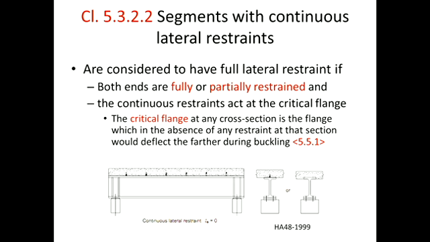In terms of buckling failure occurring, we are expecting buckling to occur in the top flange under compression, but the bottom flange, which is under tension, is continuously stretched and doesn't buckle. So that's why the top flange in this case would be the critical flange.